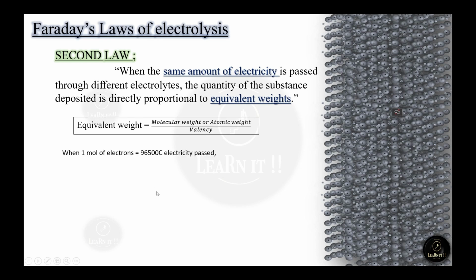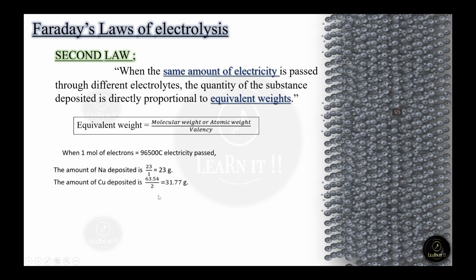So when 1 mole of electrons, that is 96,500 coulomb of charge or electricity, is passed, the amount of sodium deposited is 23/1 is equal to 23 gram. Here 23 gram is the molecular weight, atomic weight and also equivalent weight of sodium.